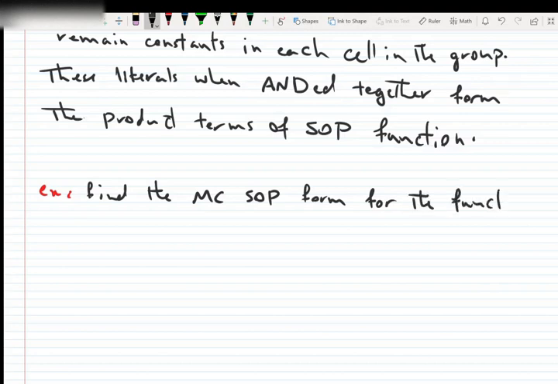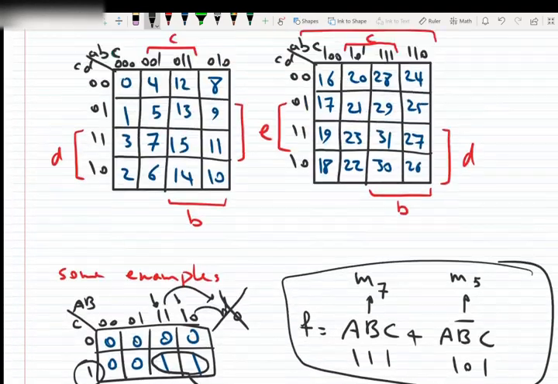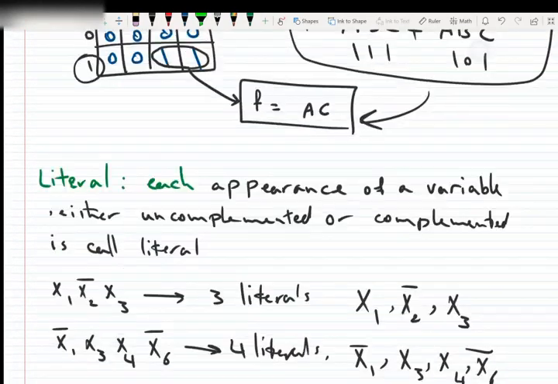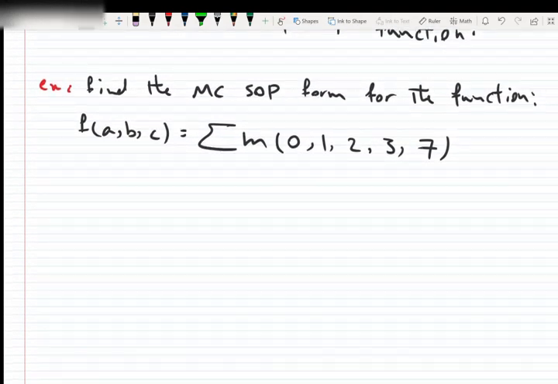The function is f of a, b, c equals sigma of minterms 0, 1, 2, 3, and 7. We don't need to memorize these tables; we can simply find the minterms when we are solving the problem. Here what is given is the function in the form of minterms.